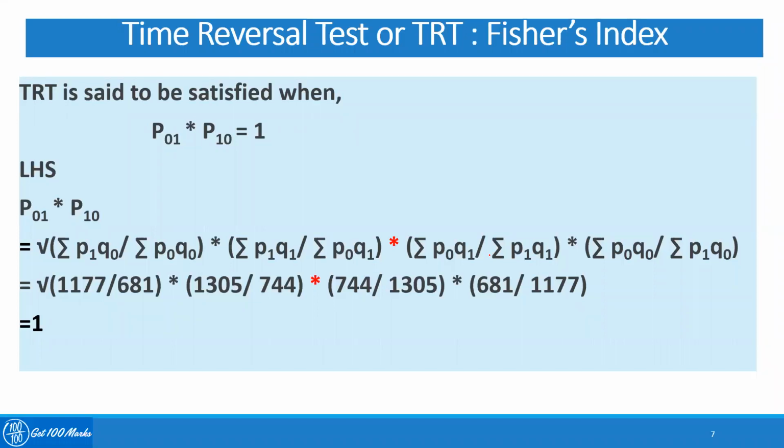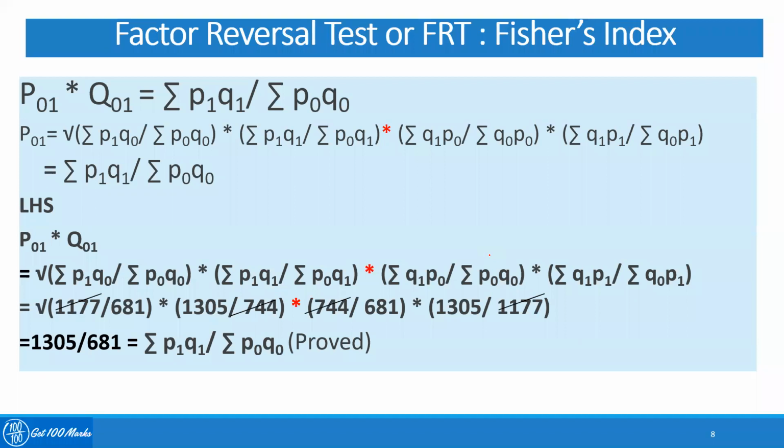And then all these values I have substituted. You can easily see each one will be cancelled, the numerator and denominator, and ultimately it gives you the value as 1. Therefore, Fisher's index is satisfying the TRT or time reversal test.